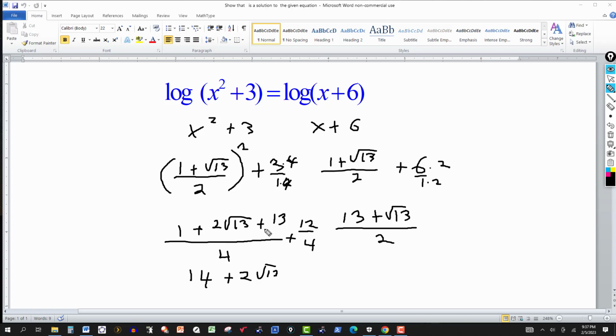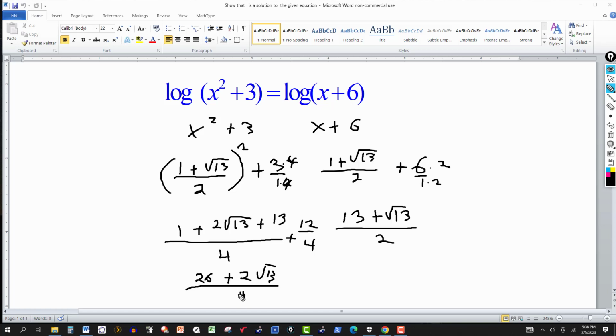So now we do this. 13 and 1 is 14, and then the 12 will give us 26. So this will be 26 over 4, and this is plus 2 times the square root of 13. And then we have 26 here and a 2 here.